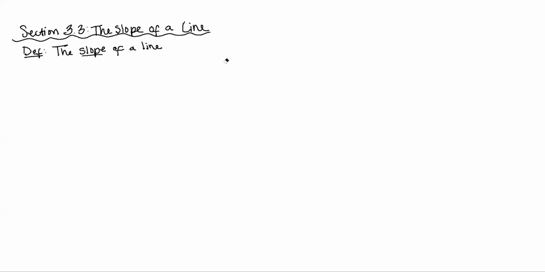But a straight line is going to be constant all the way along because we're not changing how steep that line is. So just finishing up this definition, the slope of a line is its slant or steepness.